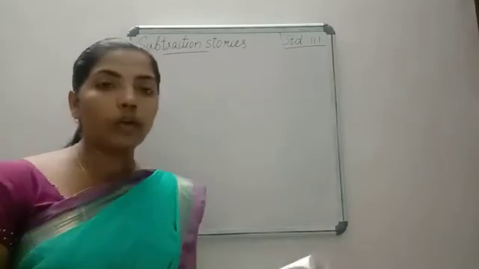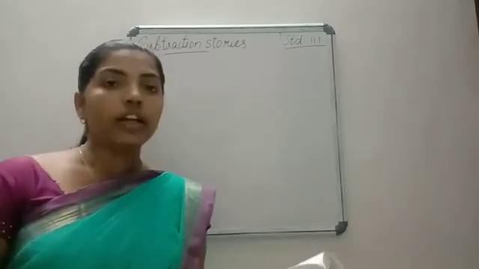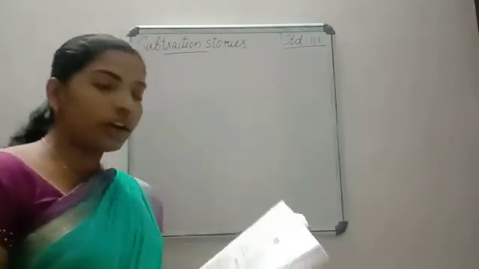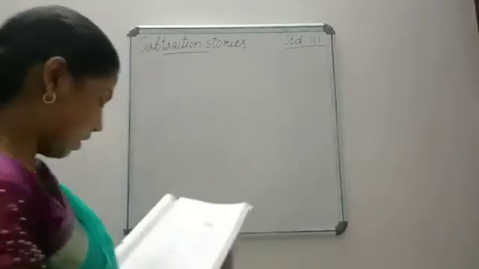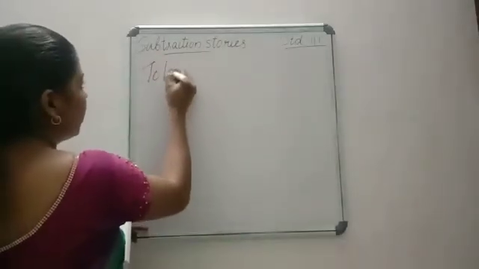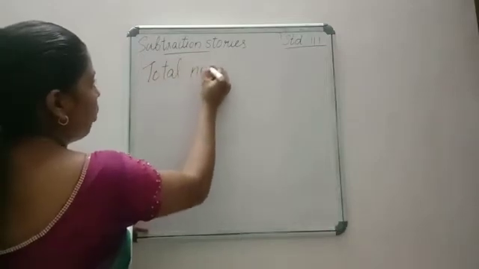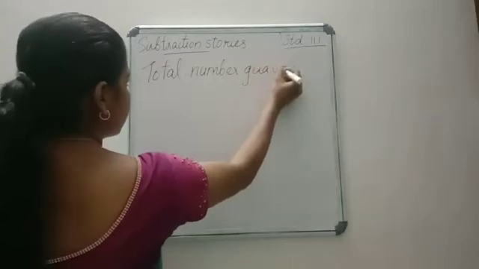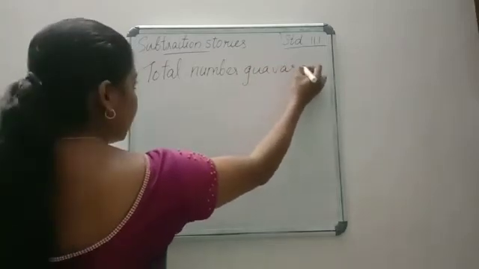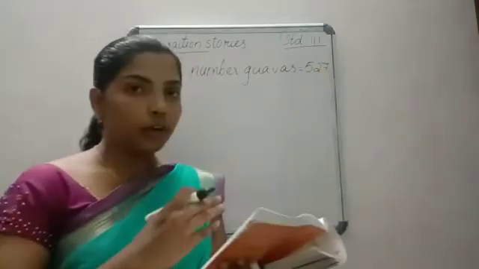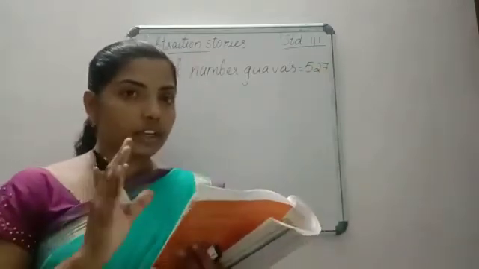So how many guavas are there in total? 527. So we can write the step: total number of guavas equal to 527.